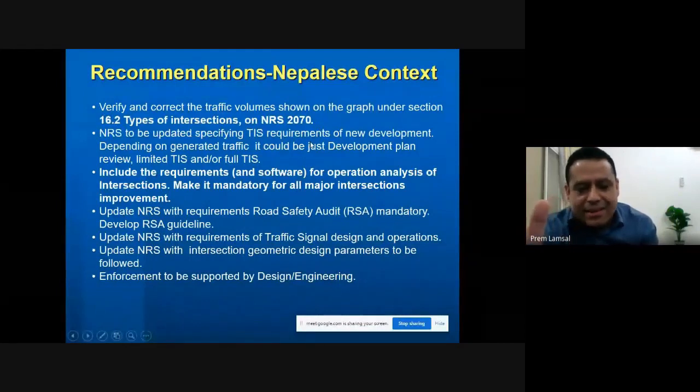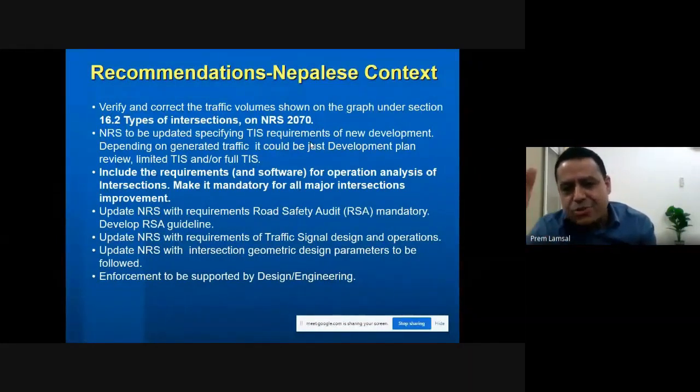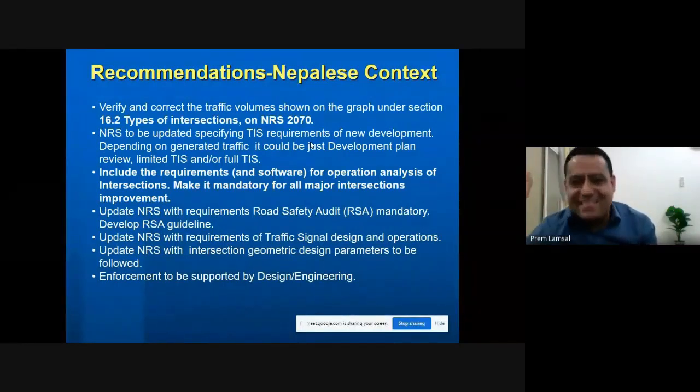The traffic figures given there are very small. All these cases, where the Nepal road standard suggests a grade-separated intersection, can be managed by simple signalized intersections. Again, the Nepal road standards should talk about the TIS requirement. If it is a new development, depending on the traffic generated, it could be just a development plan review, a limited TIS, or a full TIS. It should be clear in the guideline.